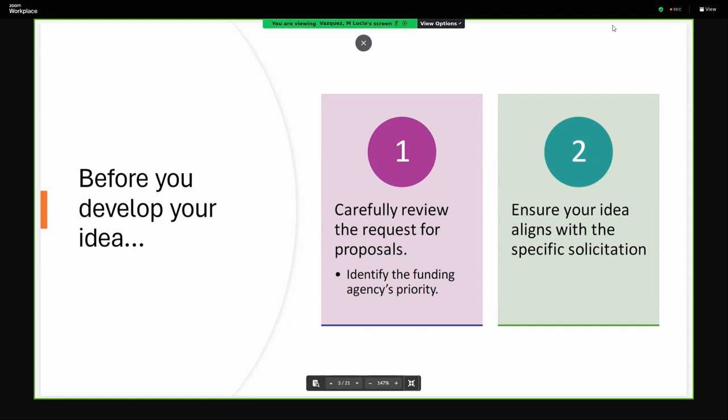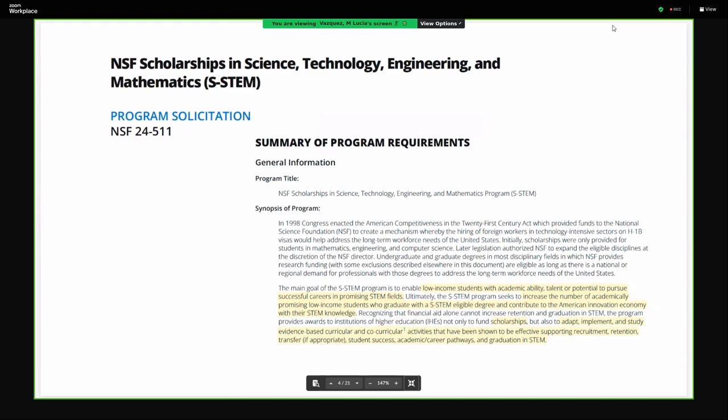with the specific solicitation. As an example, something some colleagues and I have been working on is an opportunity from the National Science Foundation for providing scholarships for STEM students. When examining it, we need to focus on the specifics. What do they want to fund?